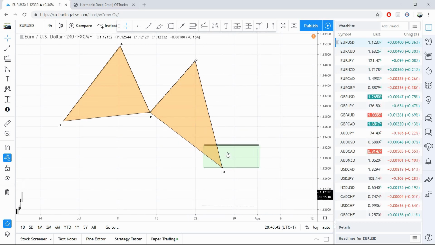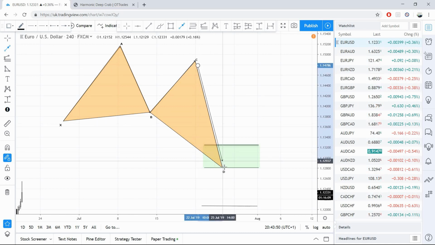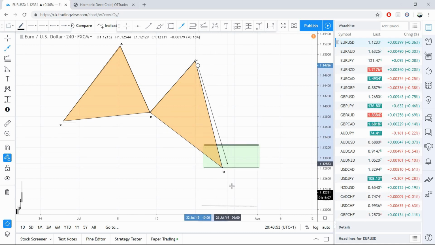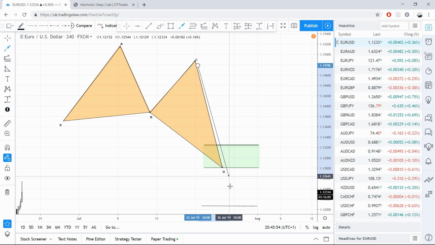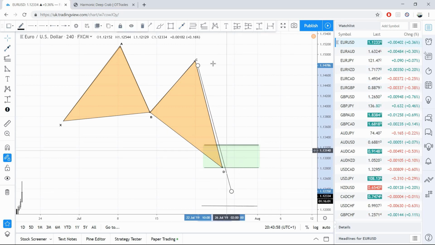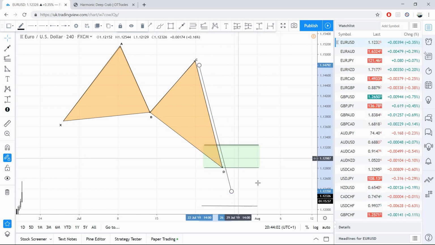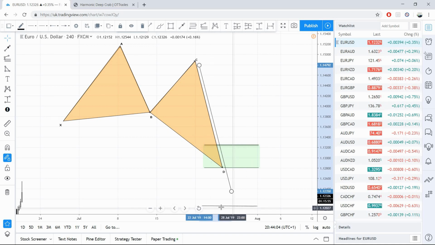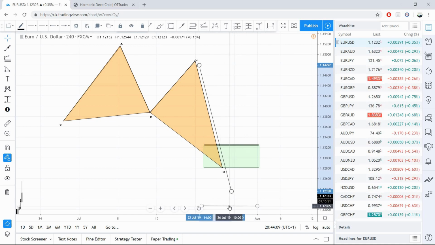So you can see, even if price exceeds that D point, so the pattern is technically then completed, if we continue this push down and it just moves straight through our potential reversal zone and continues lower, that doesn't mean that we should automatically stop looking for reasons to enter the trade just because it's exceeded our potential reversal zone. The reason we've got a stop loss down here at this 213 X to A leg is that this is where we're saying that we are wrong.